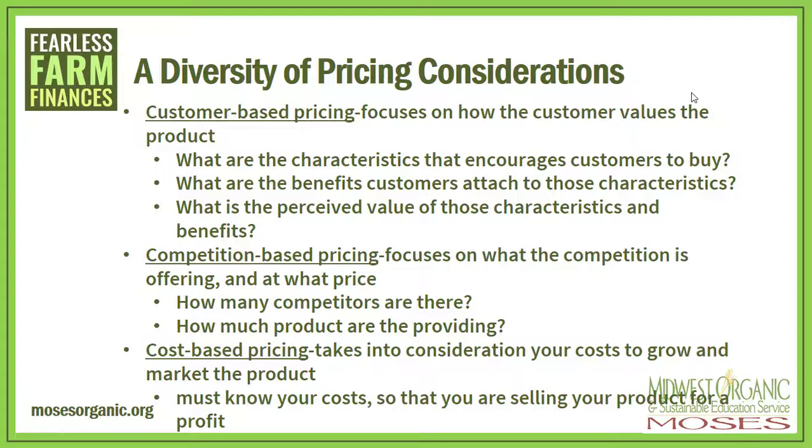The second way is competition-based pricing, and that, there again, focuses on what the competition is offering and at what price. To assess this, you must understand how many competitors are in your market, how much product they are providing to your proposed customer base, and where competing products are grown. Another question might be how much other products might compete with yours. How similar of a product is it?